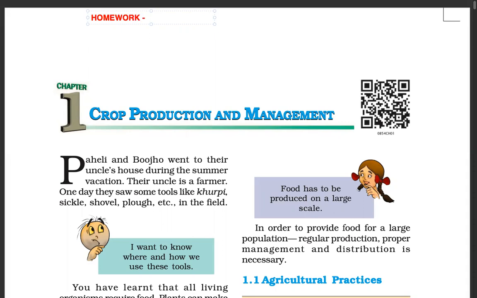Okay? So homework. First question, how to choose good seeds from damaged seeds.